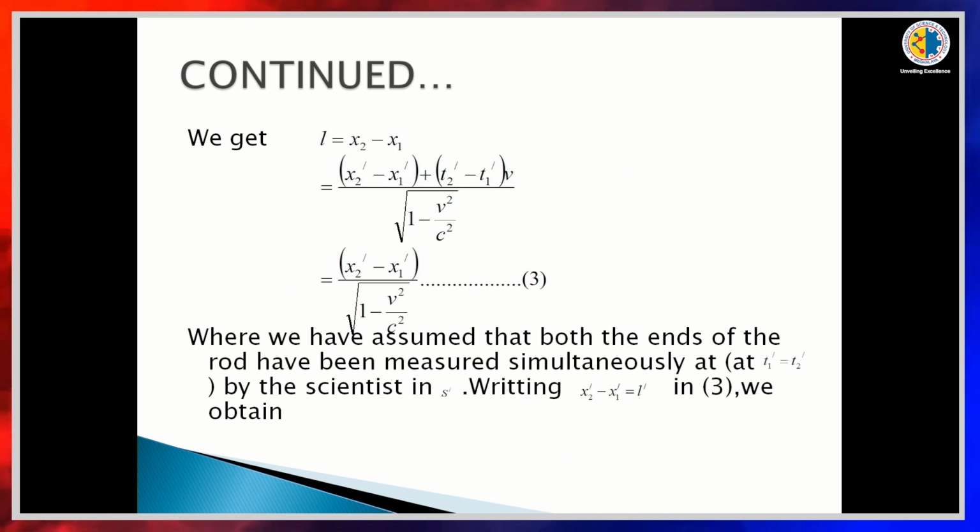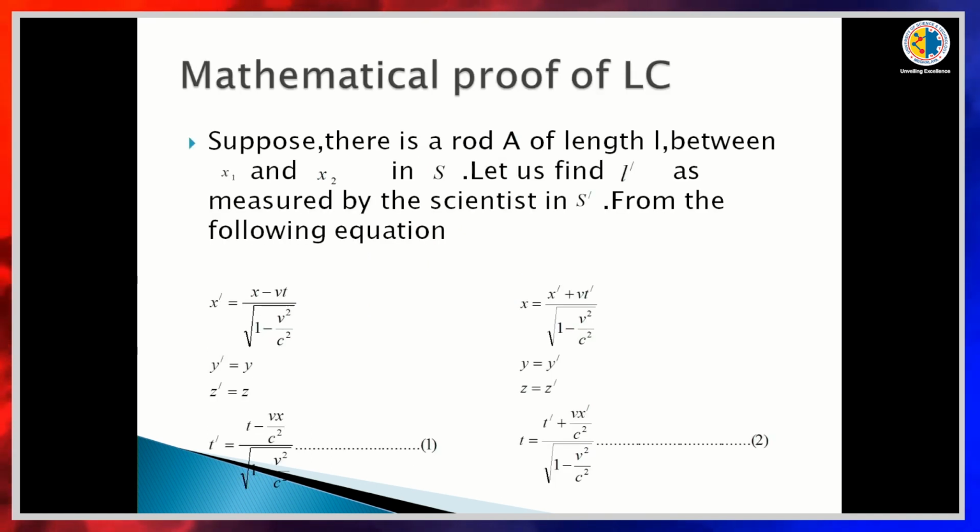We know that L = x2 - x1. Now, the x coordinate is given by the Lorentz transformation as x = (x' + vt')/√(1 - v²/c²), y = y', z = z', and t = (t' + vx'/c²)/√(1 - v²/c²).